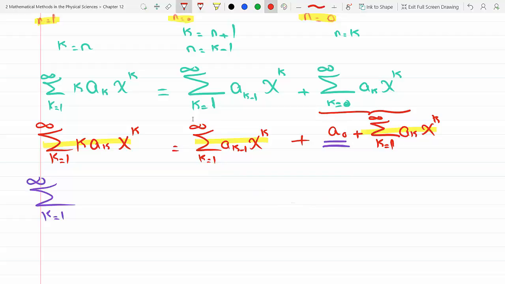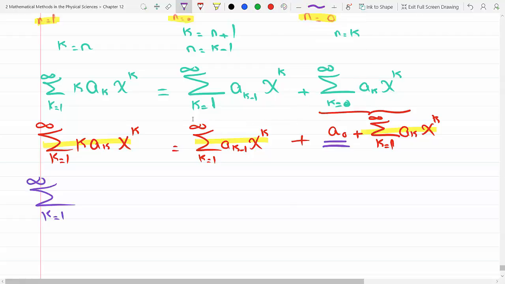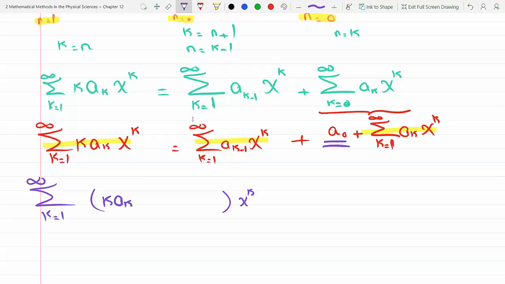So if I factor out x to the k, from the first one I have inside k a_k plus a_{k-1}, plus a_k.